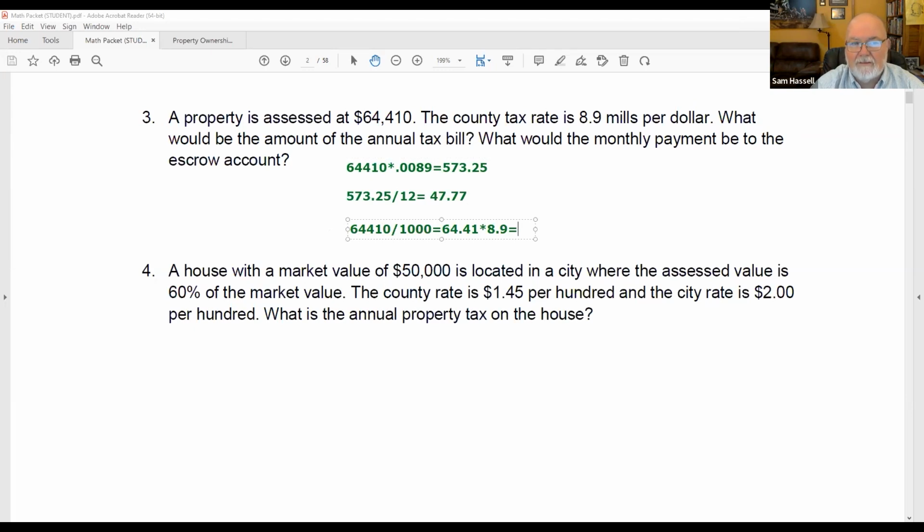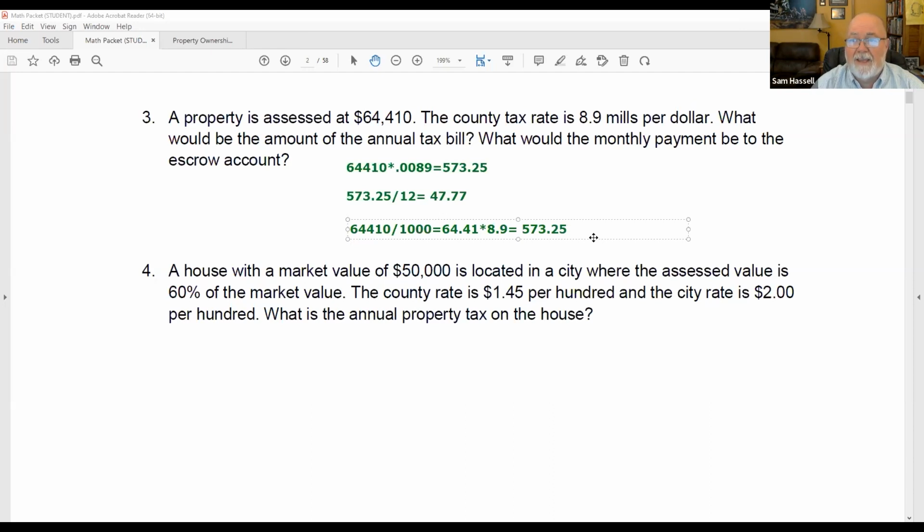That gives me the exact same number either way, 573.25. Or if we do it monthly, we just take that number divided by 12. So that's all we're going to do with this.